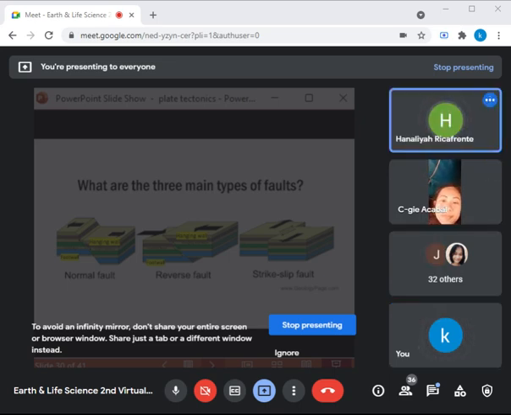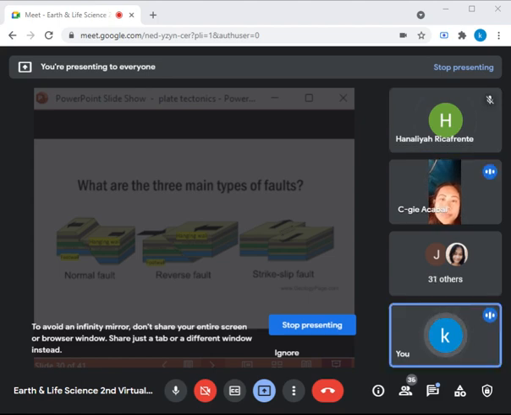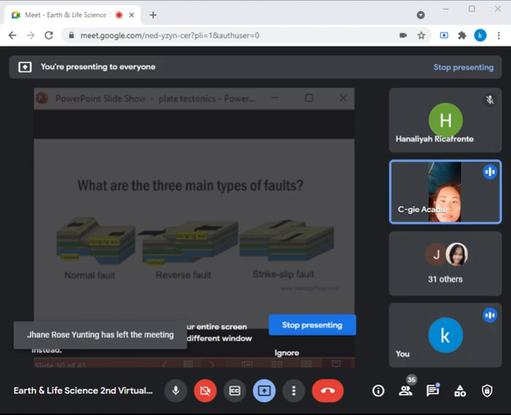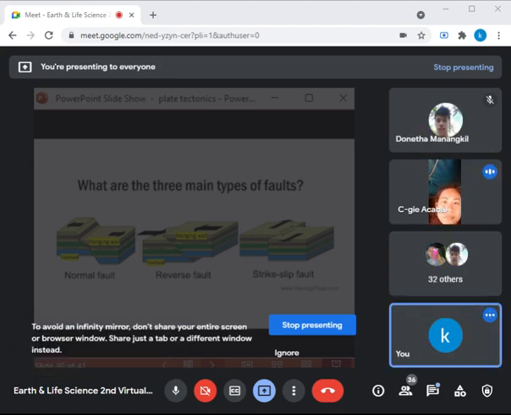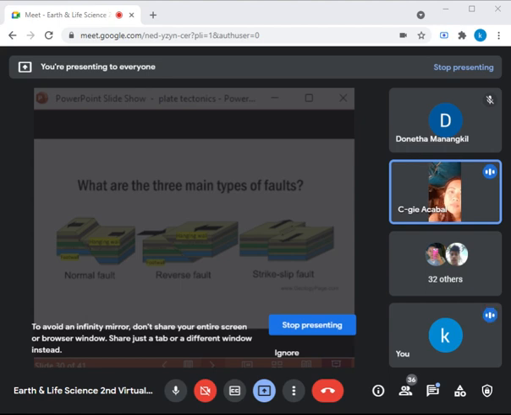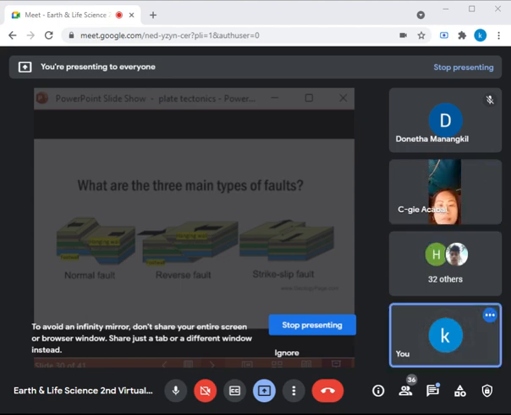No? So duha ka klase ang dip slip fault ha. Dip slip faults involve the vertical movement of the blocks of rock. These movements are described based on the direction of the motion of the hanging wall with respect to the footwall. Okay. Kanang dip slip fault can either be a normal or reverse fault as seen on the screen.